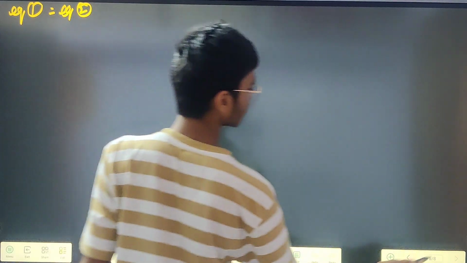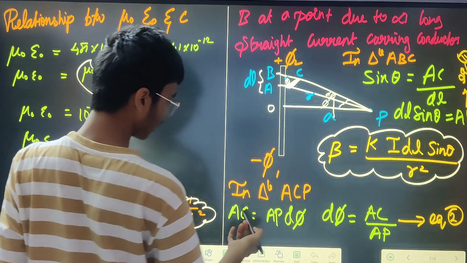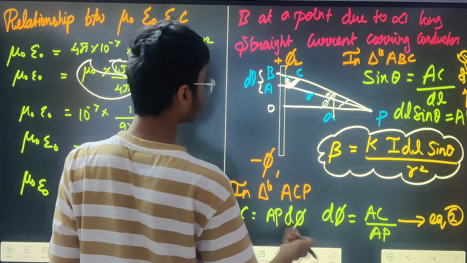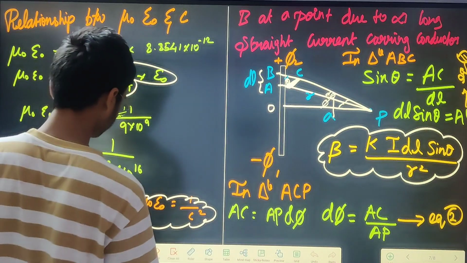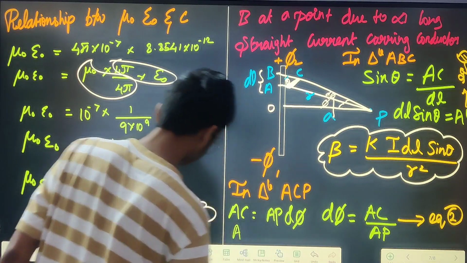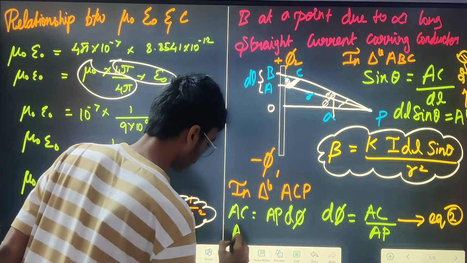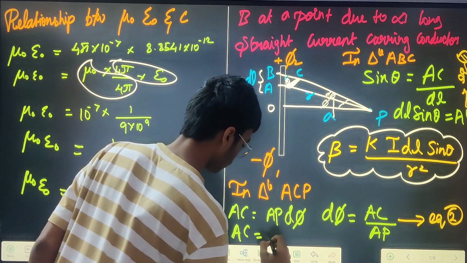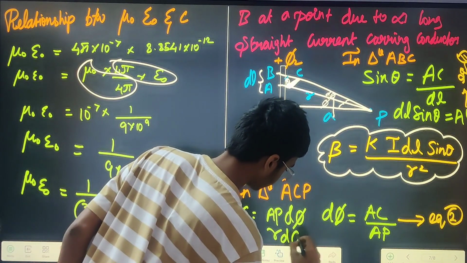Since here also it's AC, here also it's AC, AC is equal to AP. What is AP? This is AP, right? Instead of AP I can write it as R. So AC is equal to AP, that is R, into d phi.